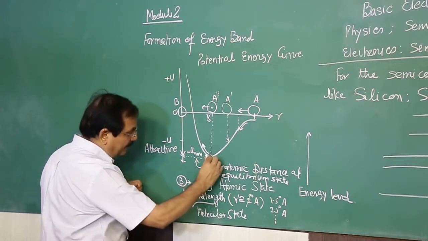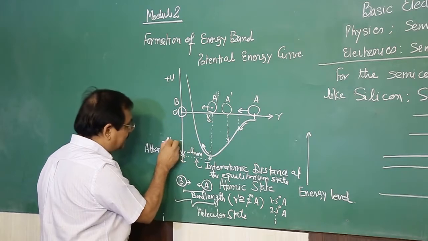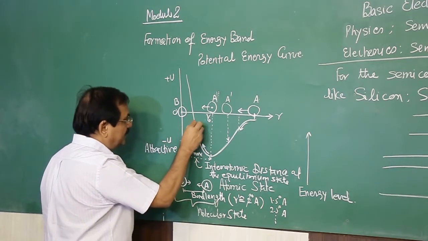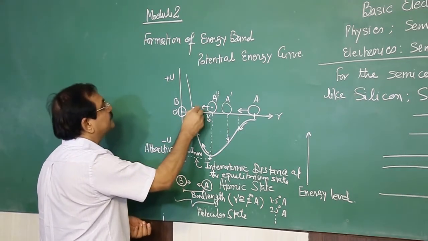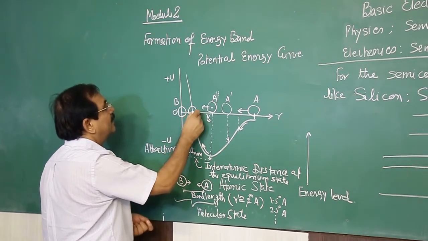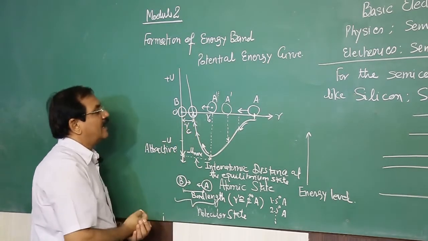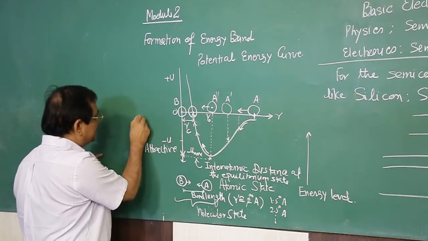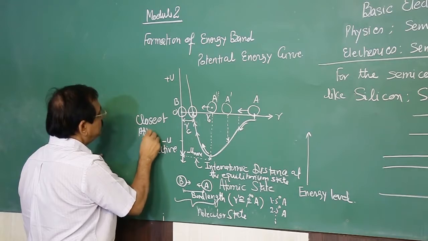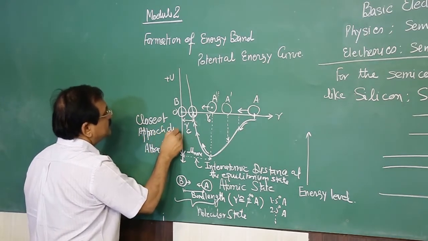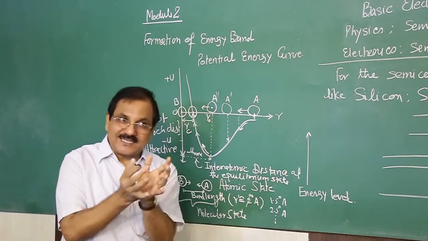The uphill part of this curve represents the decrease in the negative value of energy, and this point is RC. RC is termed as the closest approach distance, which means you cannot compress below this distance.